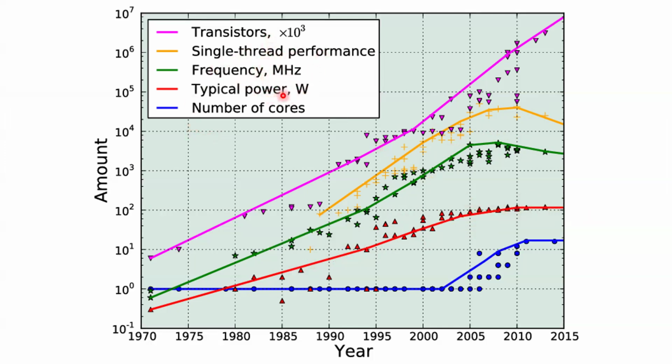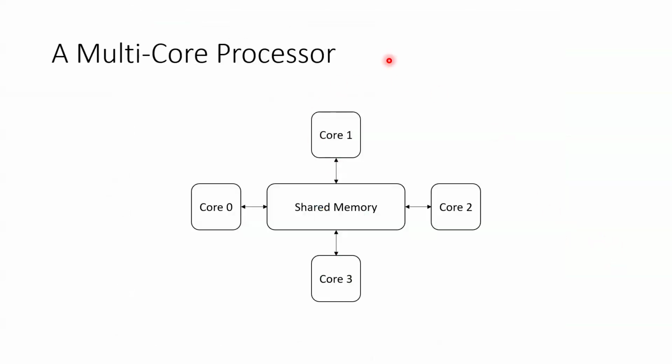So in order to make use of the increase in transistors, what the developers figure out is that they can increase the number of cores on each of the CPUs. So that's where multi-threading comes in. We can have multiple cores.